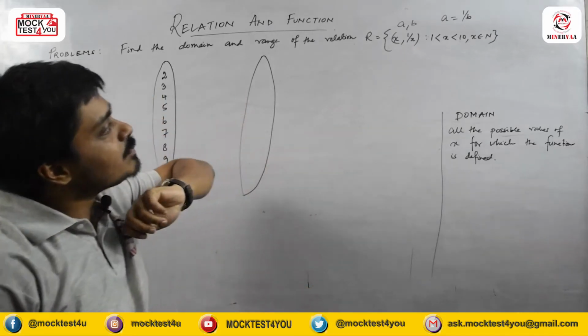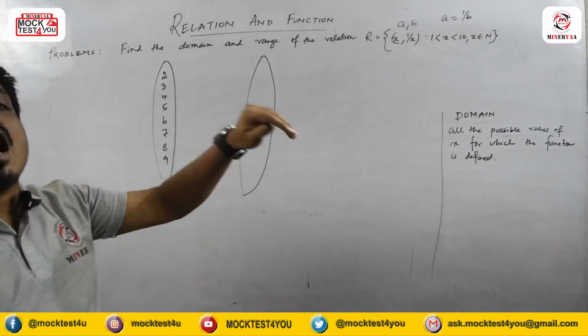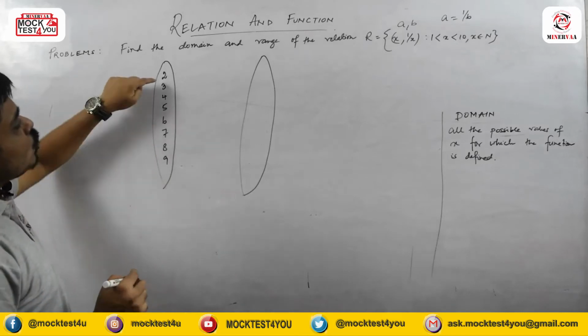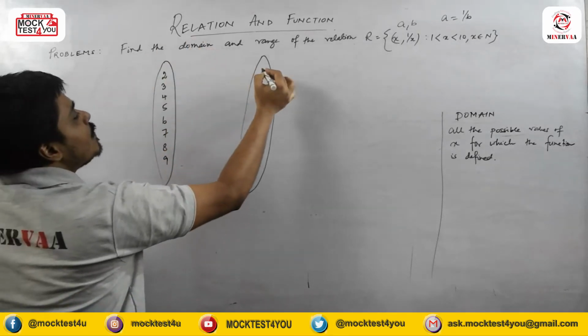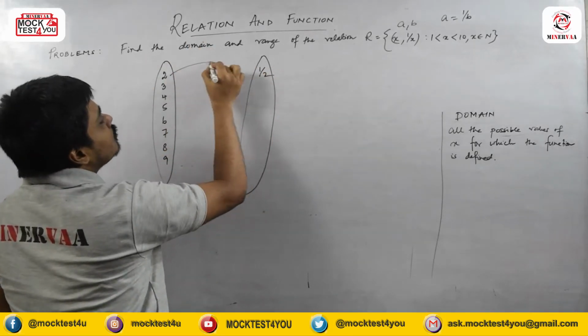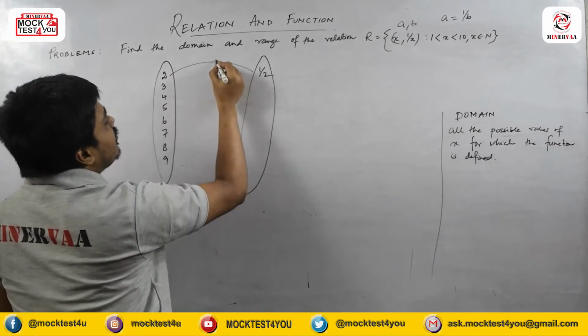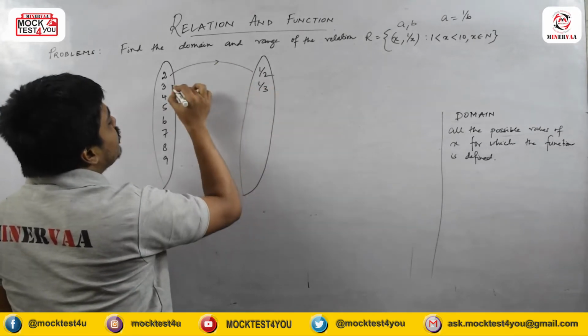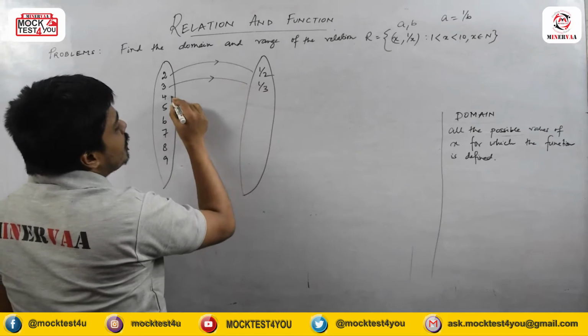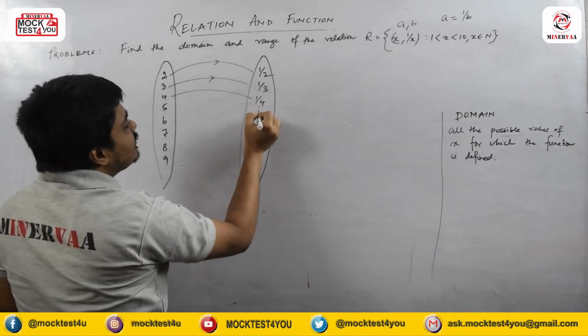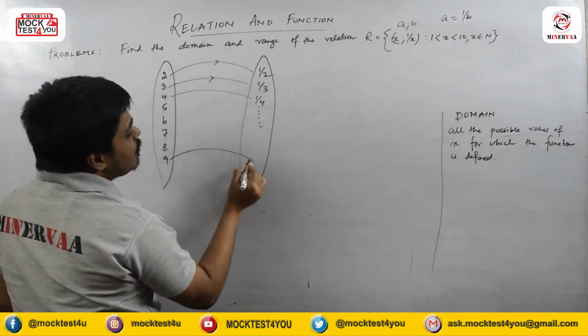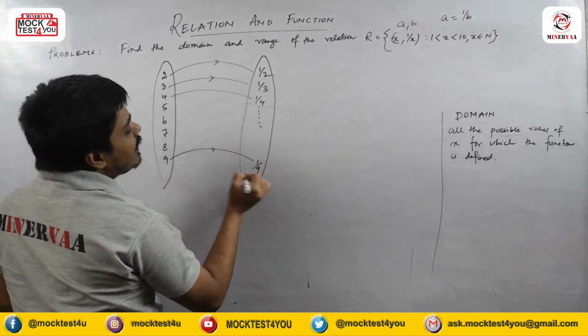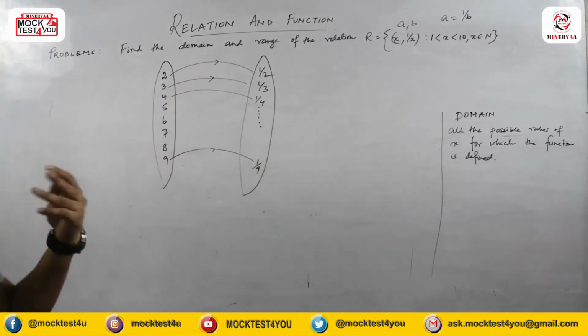So x is my element that will be mapped with 1 by x. So 2 will be mapped with 1 by 2, 3 will be mapped with 1 by 3, 4 will be mapped with 1 by 4. Like this it will go, and 9 will be mapped with 1 by 9. So this is how it will follow.